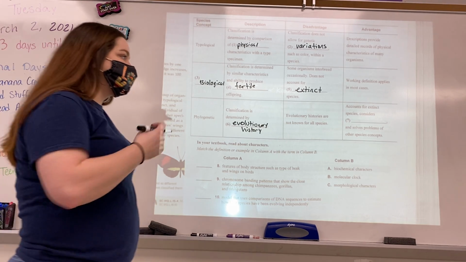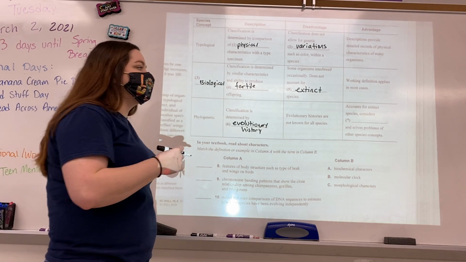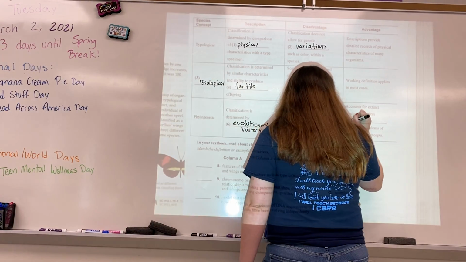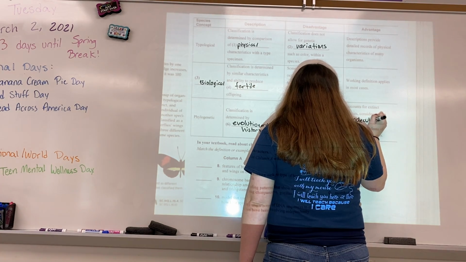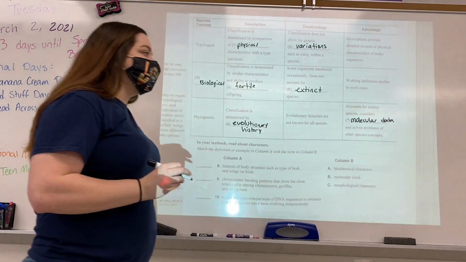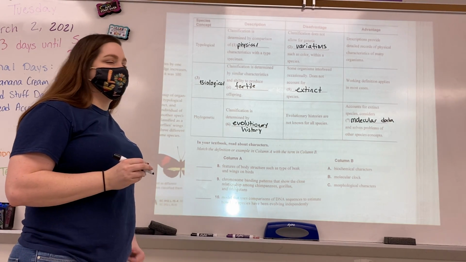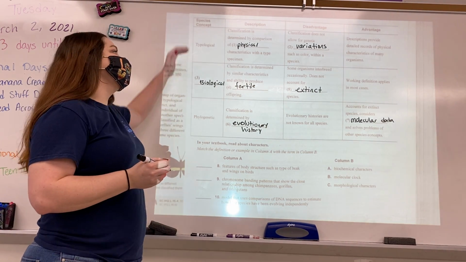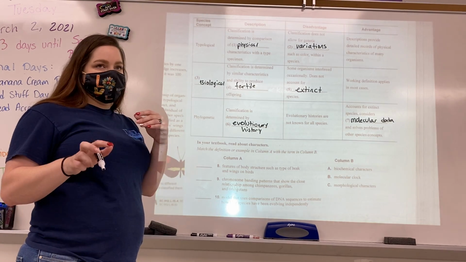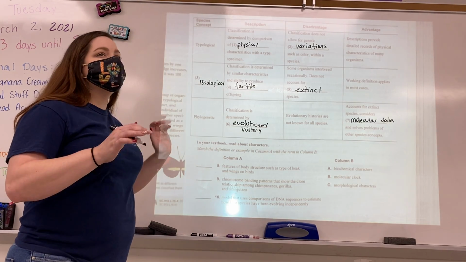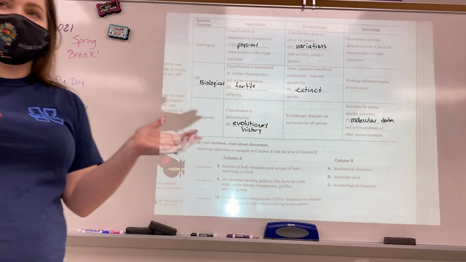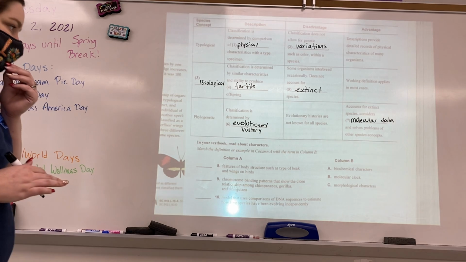But the advantage is that it accounts for extinct species, considers molecular data, and solves problems of other species concepts. Depending on which one you're using, you could use all three. There's not one that's better than the other. Which one you use will depend on how you're going to look at the species and how they differentiate from other species.